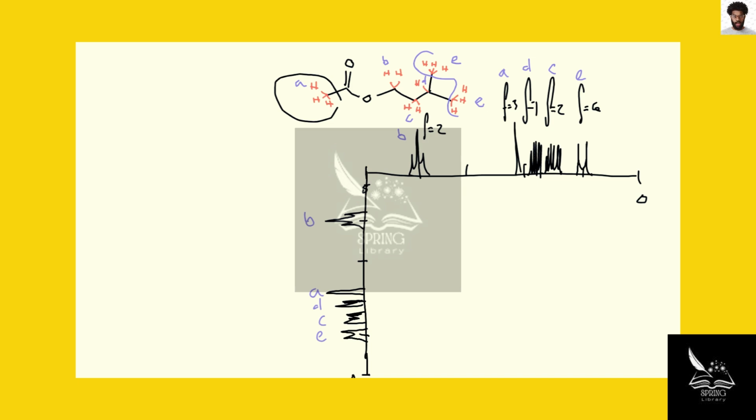If we go to E and then go down to D, at the confluence of D and E we expect there to be interaction, because these two protons talk to each other. They're going to have a signal at X coordinate E and Y coordinate D on our COSY.